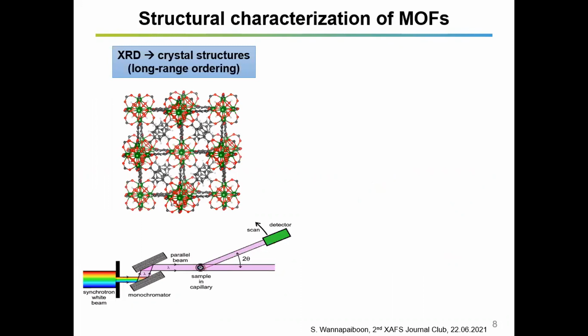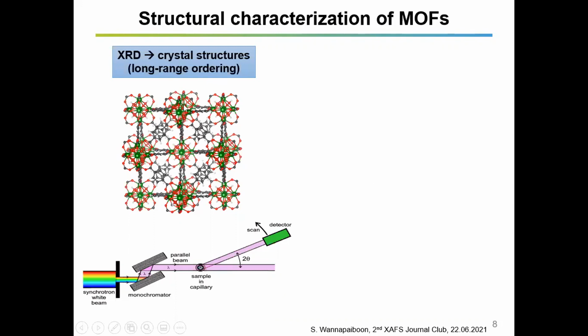X-ray diffraction gives you information about the crystal structures, phase formation, and also the long-range ordering within the MOF structures, so how the periodic structure happens. The distance between the metal nodes in the MOF, and also the topologies and symmetry within the structures, can be obtained by X-ray diffraction techniques.